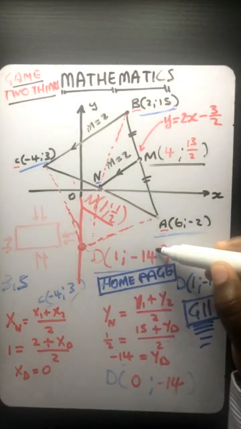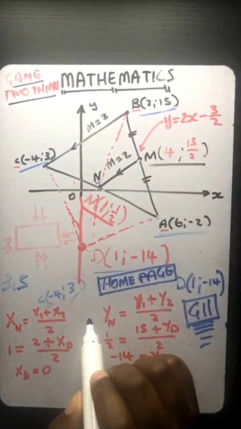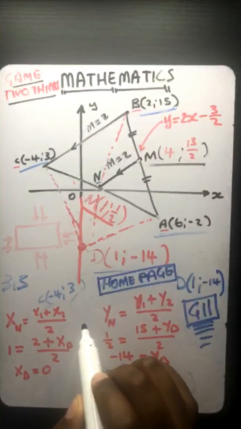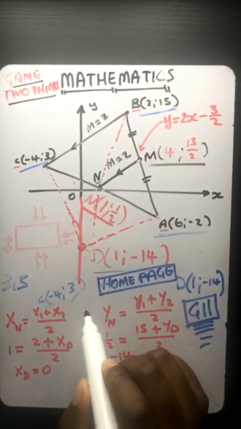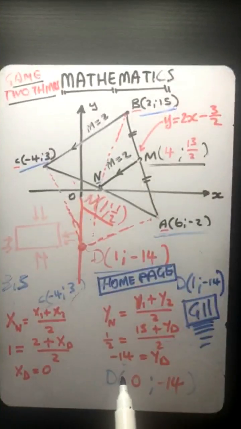So if I took this to my y cut of a straight line, would it not give me 14, the y cut off?